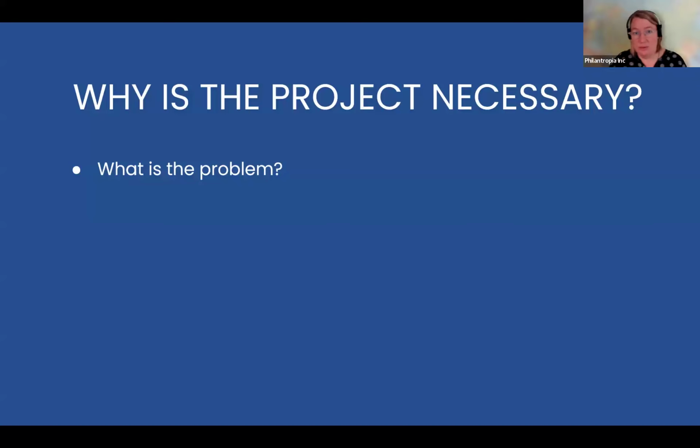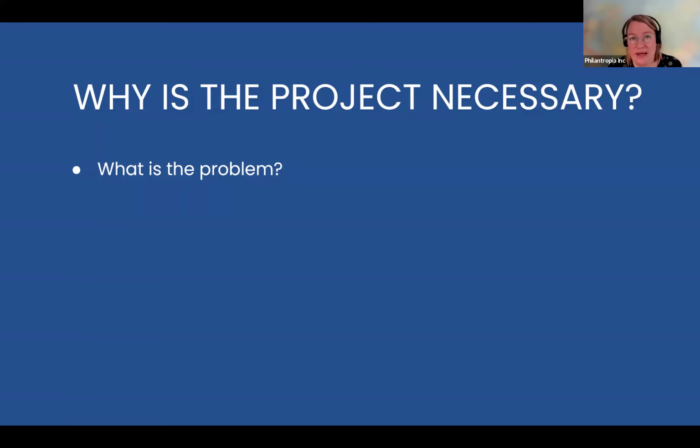And again, this section is so important because if a donor doesn't understand why the problem that you want to solve is a problem, then why should they bother even reading your proposal? So that's why you also should focus on this in the project plan already, to understand exactly what you want to solve and why you choose the measures you're choosing to solve this. So what is the issue is the very, very first question.